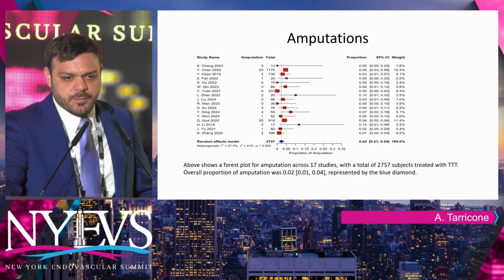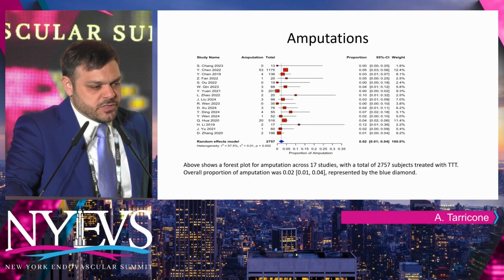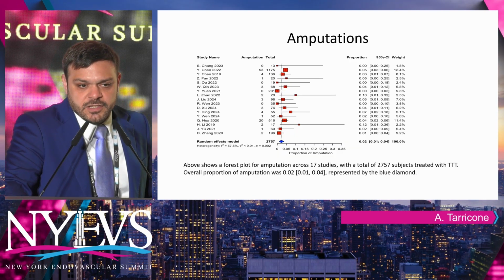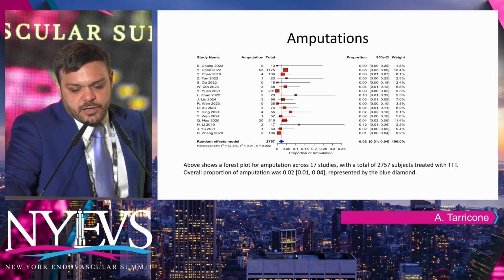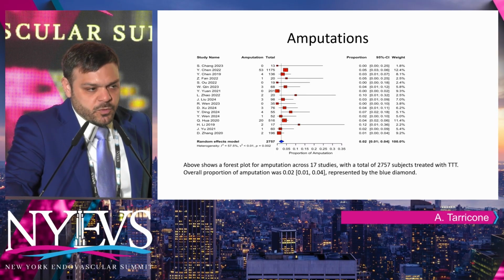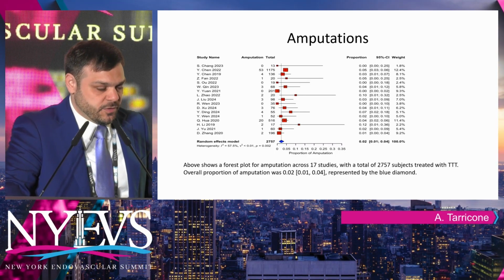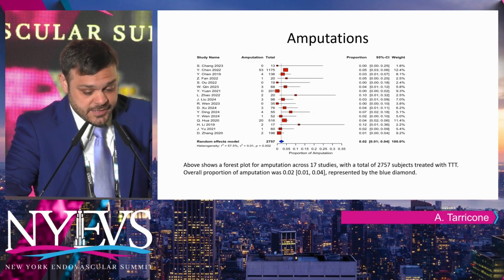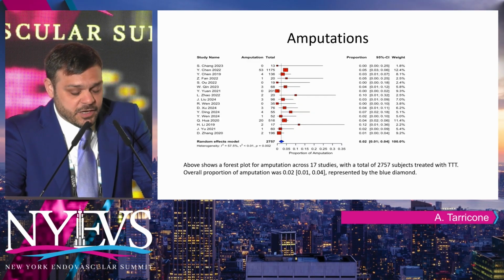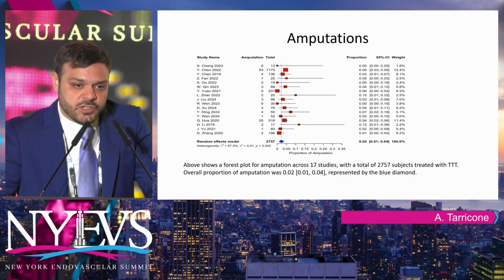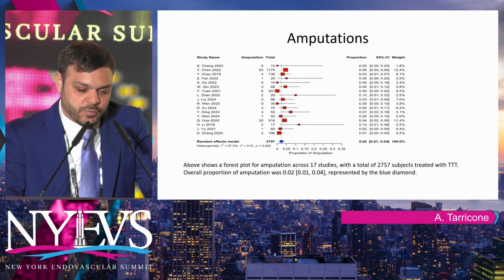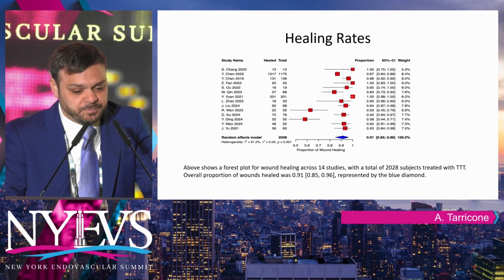Now, if you think about the amputations and the major adverse limb events that we were seeing before within the vascular and endovascular data, here we're seeing the amputation rates of a pooled analysis of these TTT meta-analyses, showing a pooled effect of amputations of 2%, which is much, much improved in comparison to the other data.